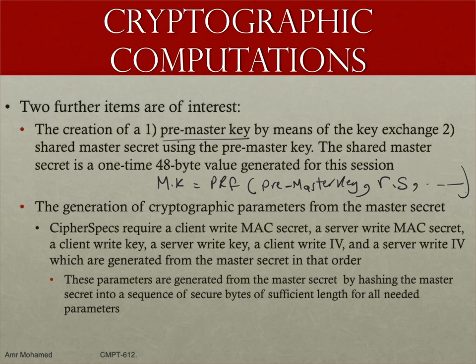Sometimes these are port numbers, timestamps, things like that. So the master key is a function of the pre-master key and the random sequence. And that's why they exchange it. Yes, a nonce.